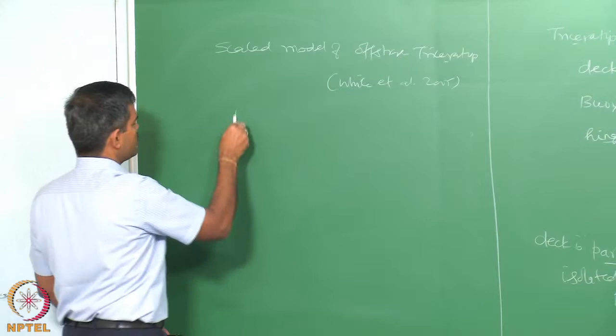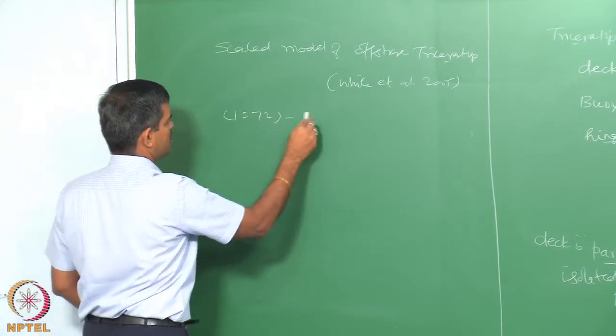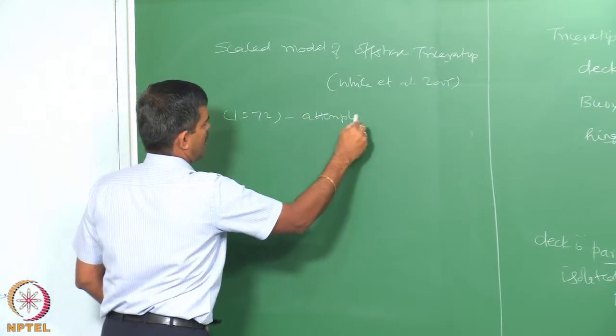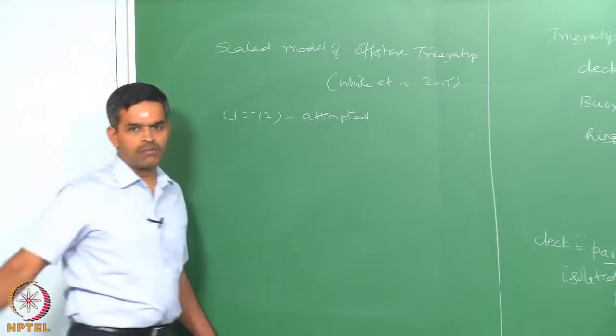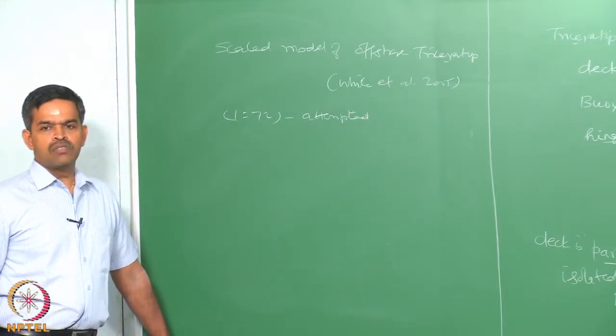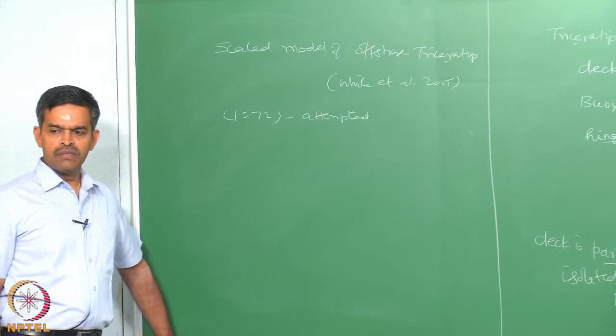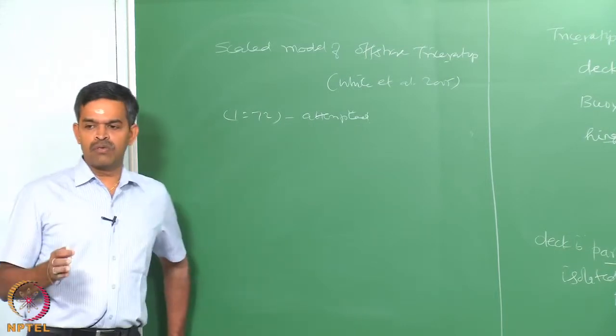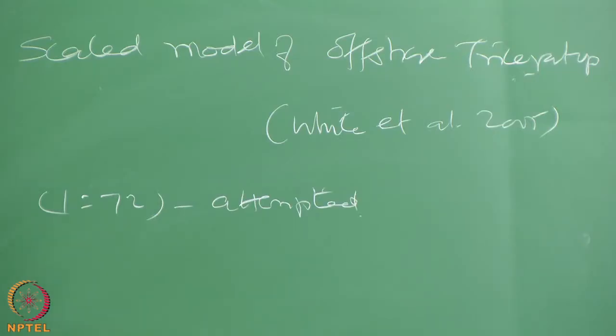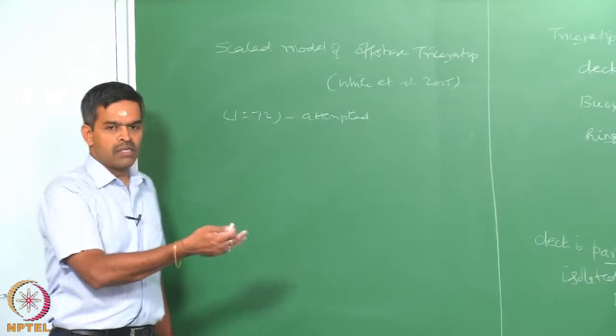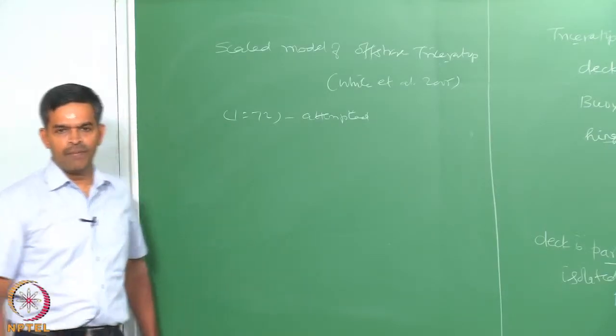A scale of 1:72 was attempted, and a mechanical model was prepared based on material availability and, as far as possible, to map the equivalent mass distribution expected in the prototype of a triceratops.